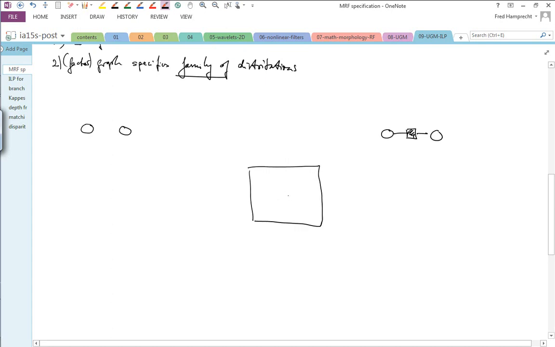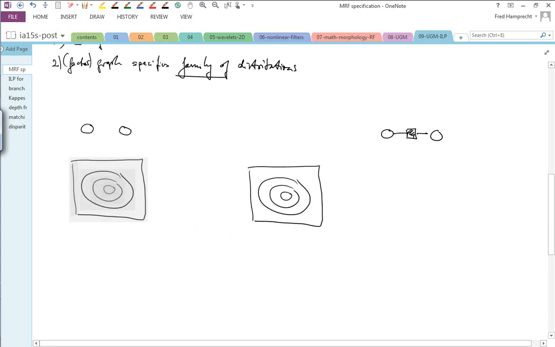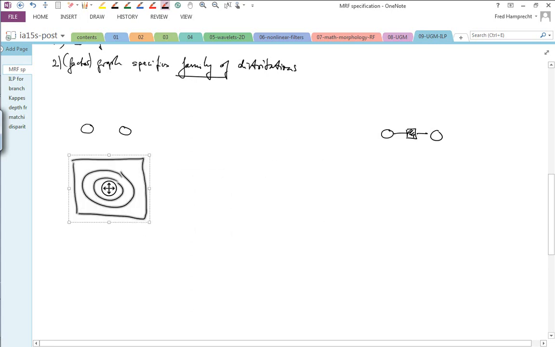For example, this one here, I'm drawing isocontour lines of a Gaussian. This would be an example of a distribution which I can model in terms of two independent variables. Yeah? So one of them will have a Gaussian distribution, and the other one will have a Gaussian distribution, and then the joint distribution is an uncorrelated Gaussian. So that would be an example.